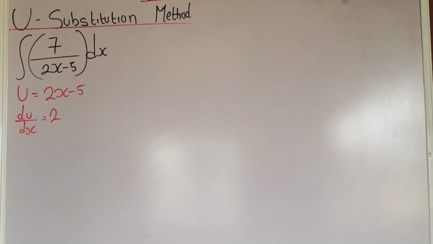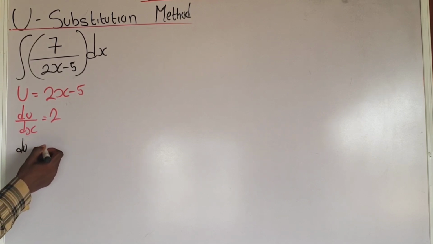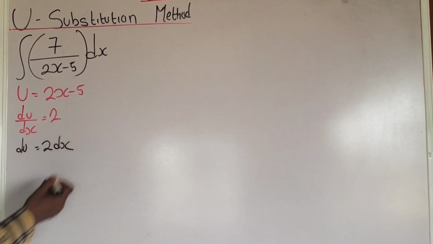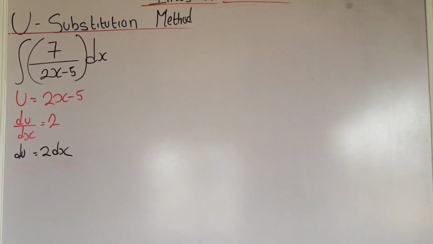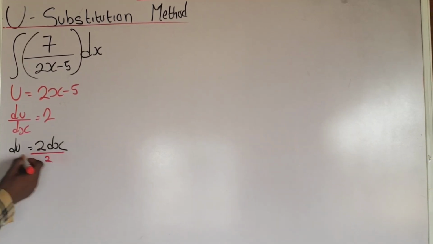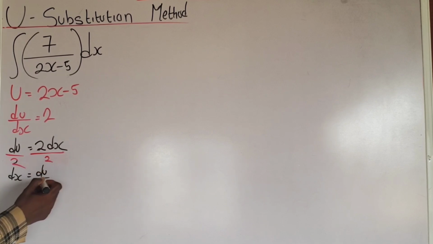Now, the next step is that you have to make dx the subject of the relation. So I'm going to have du equals 2 dx. Since we want to make dx the subject of the relation, I'm going to divide both sides by 2. So for this, I'm going to have dx equals du all over 2.